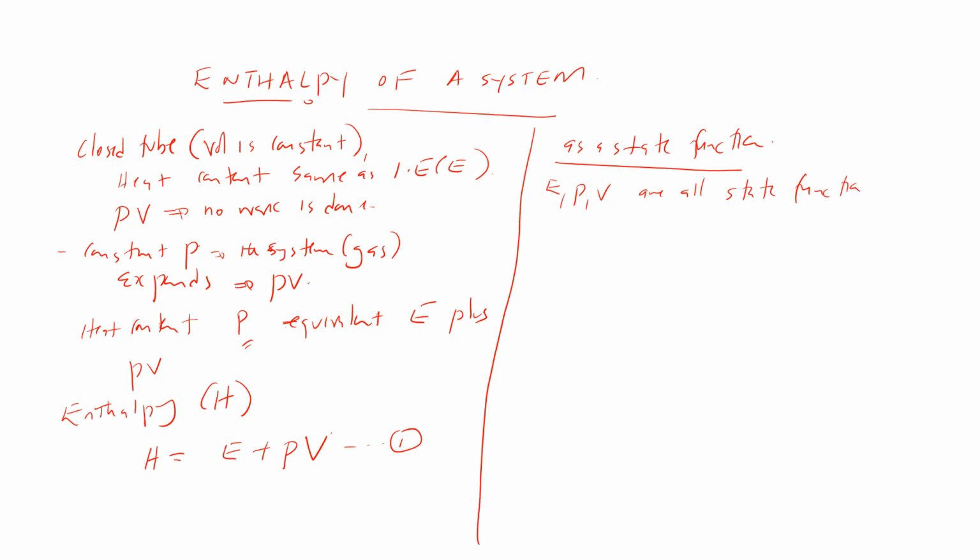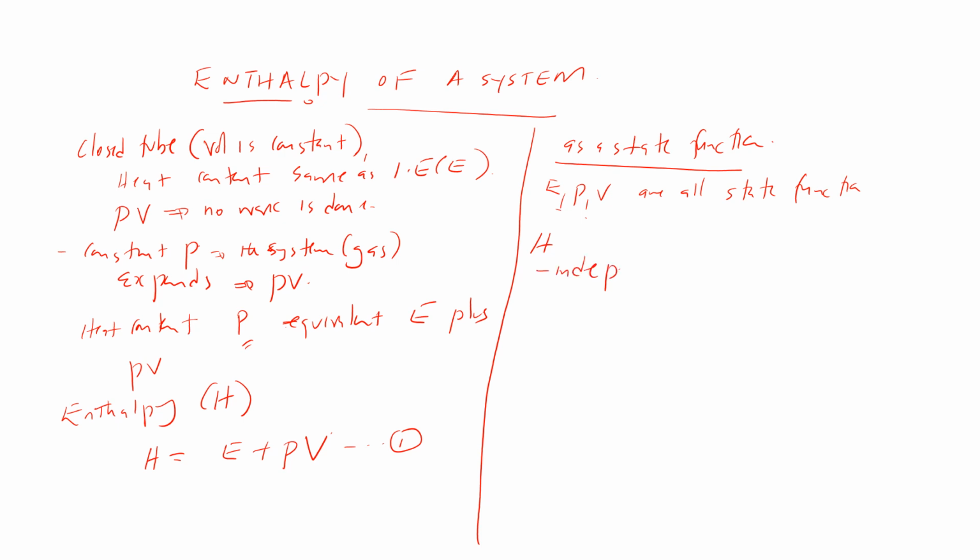If you don't, can you read it and familiarize yourself with this term? So H depends on the values of E, P, and V, must then also be a state function because it depends on these factors, which are all state functions. Hence, its value is independent of the path by which the state of the system is changed.